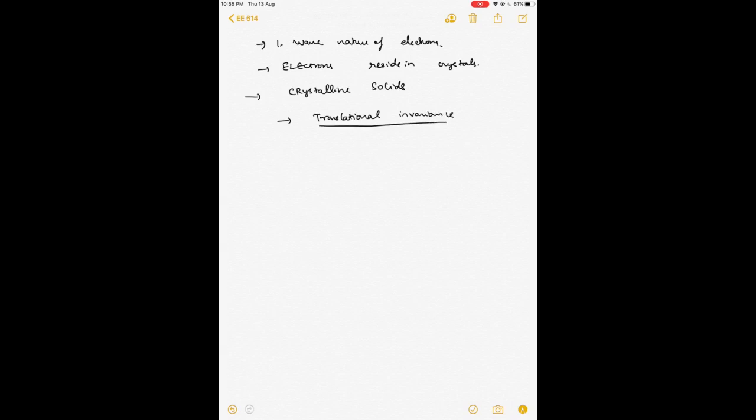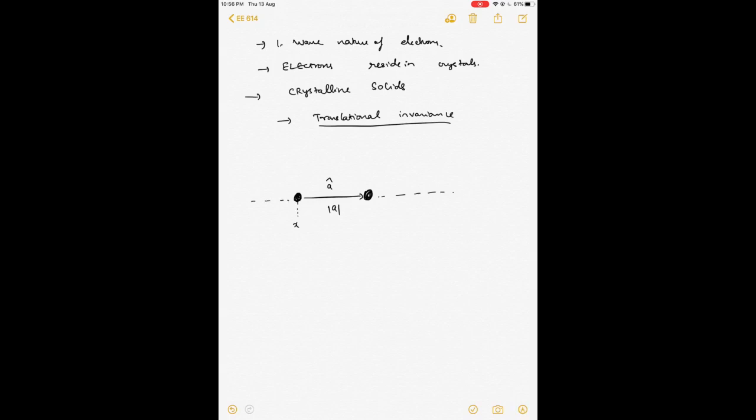What I mean by translational invariance is that if I have an atom at some point x, and I take a step of length a along the direction a, I reach another atom, right? And this is true for infinite steps of size a along the direction a, as well as in the negative direction, right?